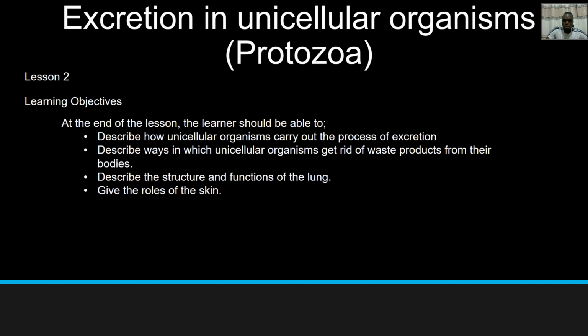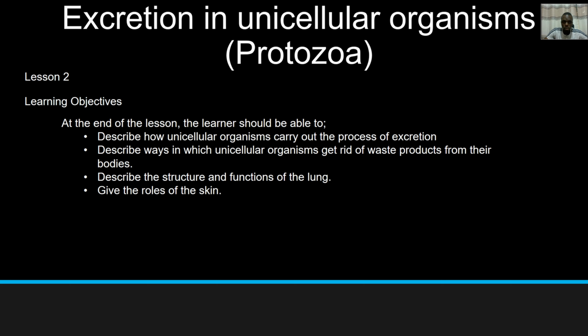So in our lesson, this is our lesson two, we'll be talking about excretion in unicellular organisms, and we'll look at the protozoans, of which we'll look at amoeba. We'll look at how it goes through the process of excretion. So you have the following learning intention.